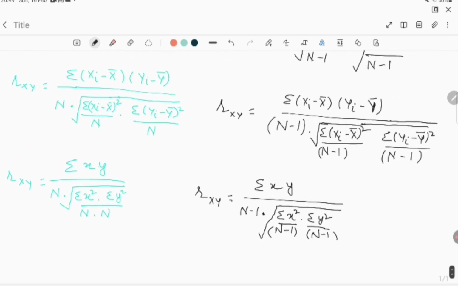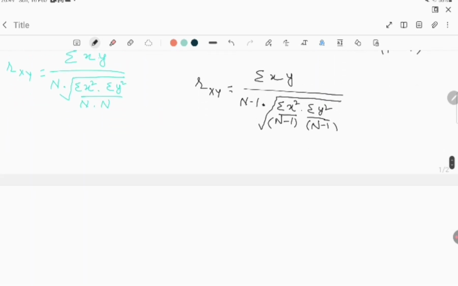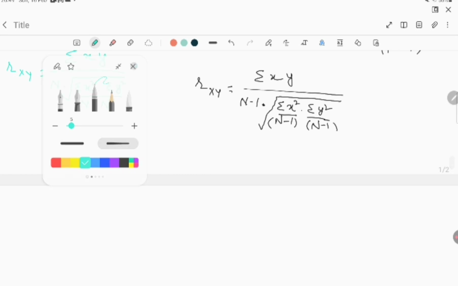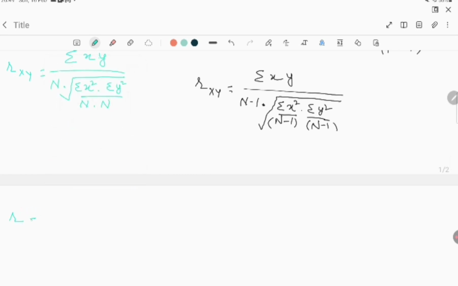If we take it out from the root, r xy is equal to summation small xy divided by n into, if we take it out of the under root, 1 by n, and what is left is only summation x squared into summation y squared.